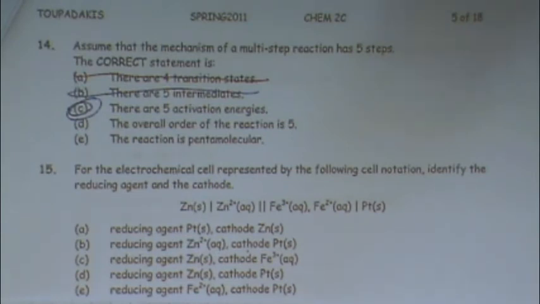For the electrochemical cell represented, identify the reducing agent in the cathode. Think about it for a few seconds, then we'll do it.